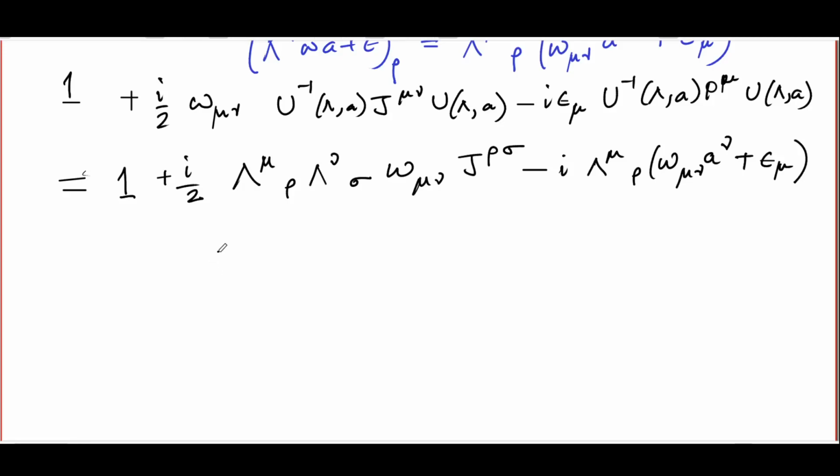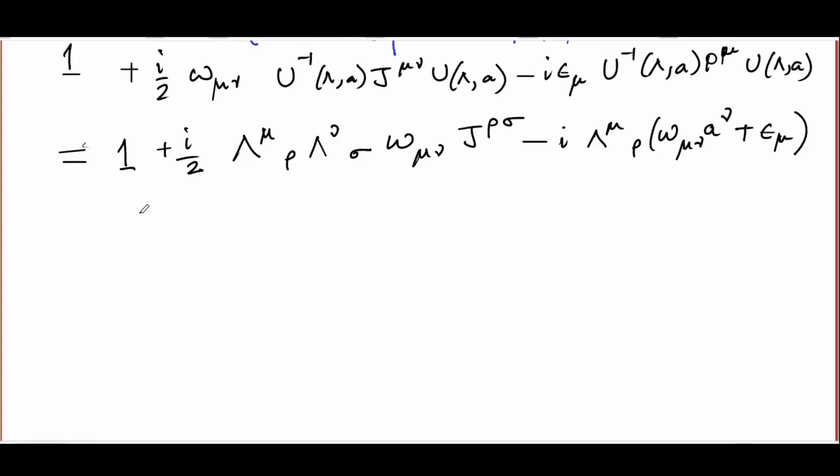To do this, first let's gather the term with omega mu nu and epsilon mu separately. You can of course consider a special situation where the omega is non-zero and epsilon is 0. That is, you consider an infinitesimal transformation which only has a Lorentz transformation without a translation.